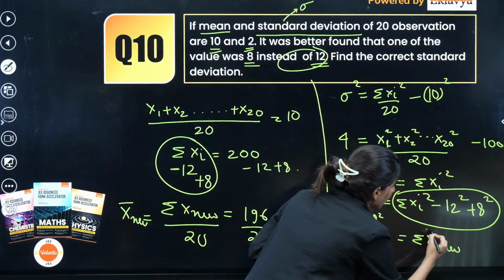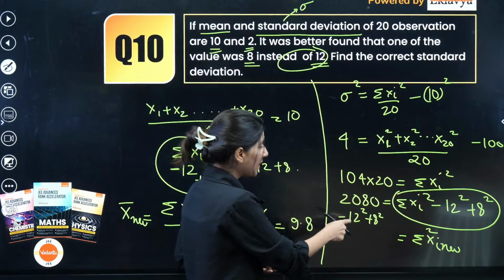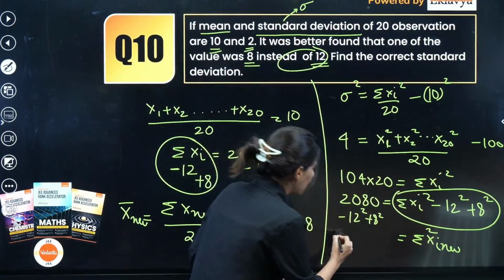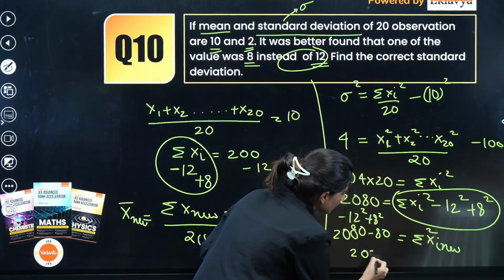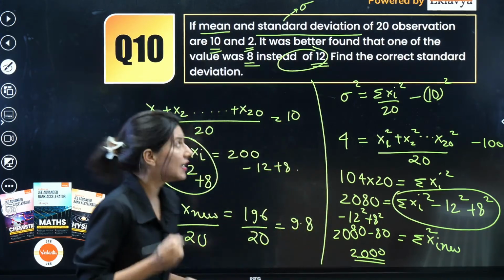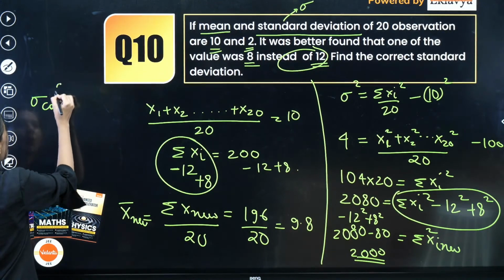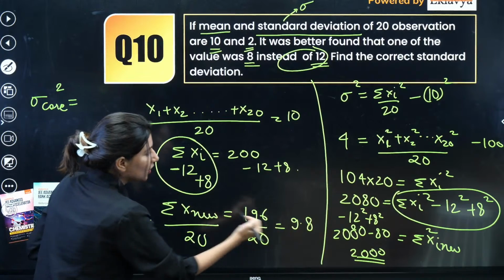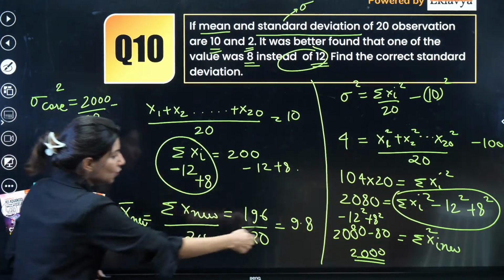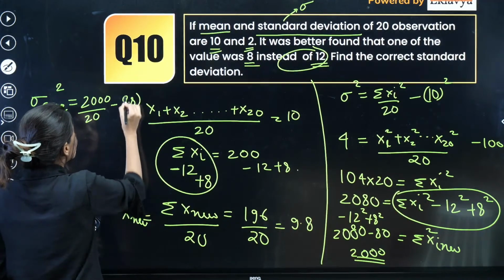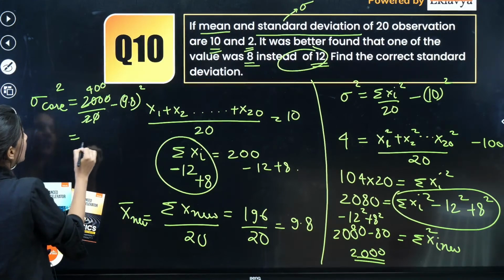This is minus 144 plus 64, so 2080 minus 80, which is 2000. Now I calculate the corrected sigma square, which is the new sigma xi square upon 20 minus the new mean 9.8 square. So 2000 upon 20 is 400, minus 9.8 square.